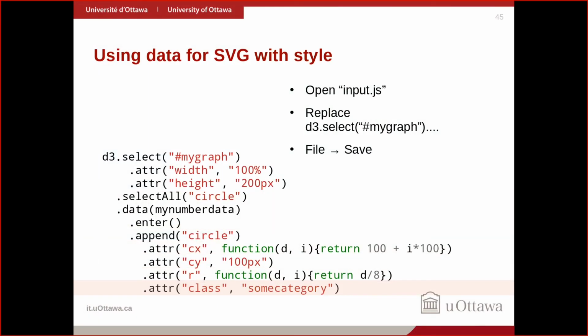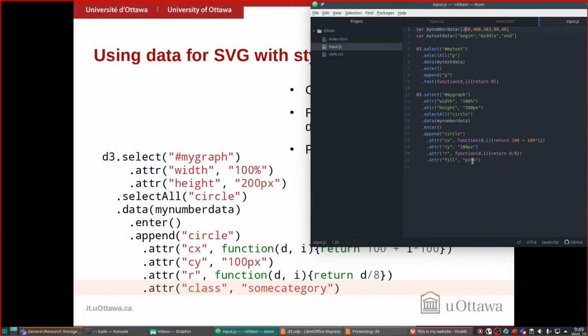And we can do the style sheets again. So before we had attribute fill pink, but we can use the attribute class. And the class is going to make it some category.